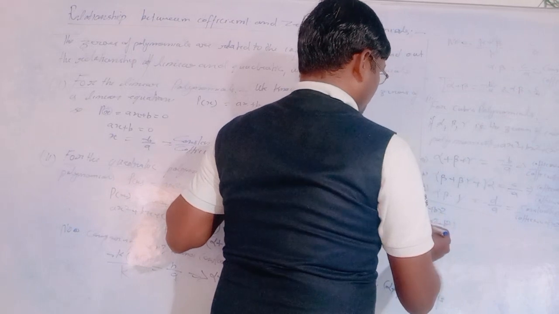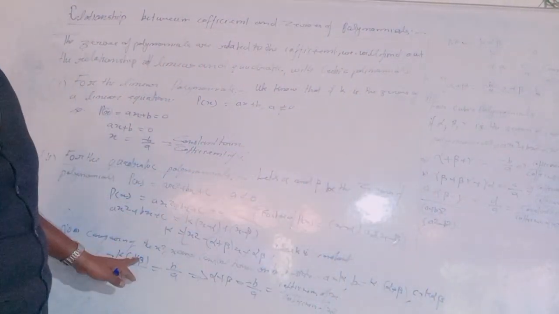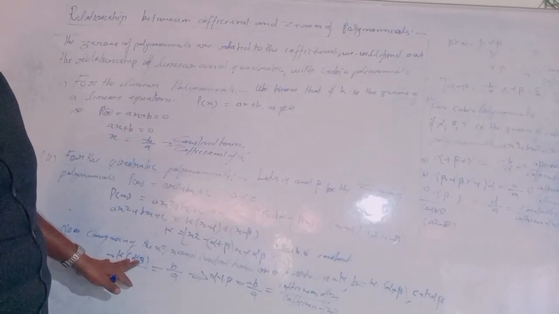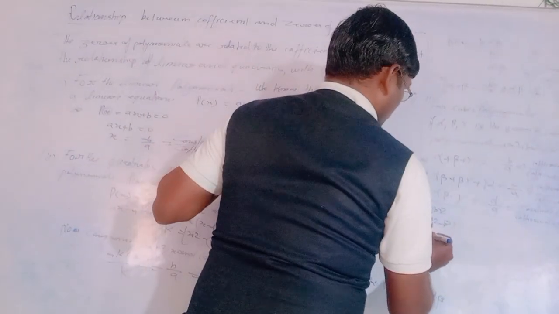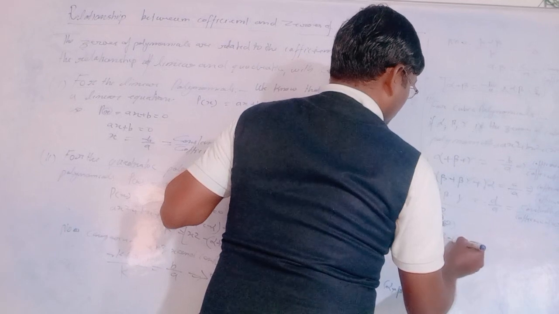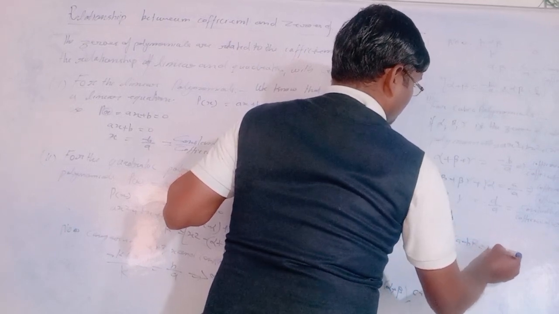And second, we can say that a square minus b square, (a plus b) whole square. Here (a plus b) whole square minus (a minus b) whole square is equal to 4ab.